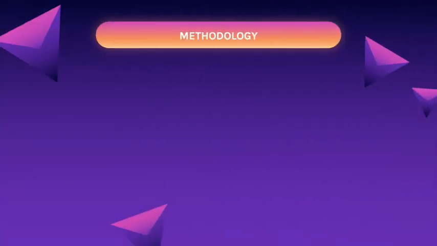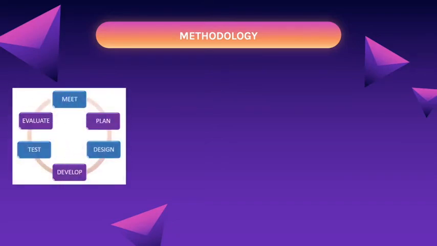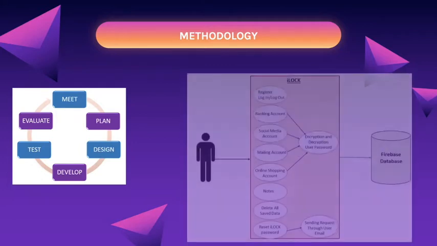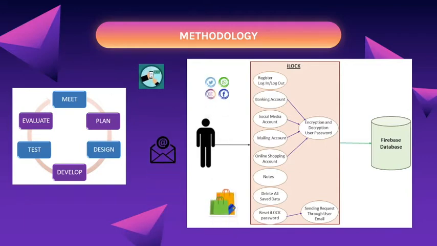For the methodology, we have chosen the Agile Development Life Cycle to build this application. There are 6 steps included in this cycle. For the design phase, we have included the flowchart, in which the actors involved are the users and the database. For the users, they can register, log in, log out, and enter the data for the banking account, social media account, mailing account, online shopping account, and also notes.